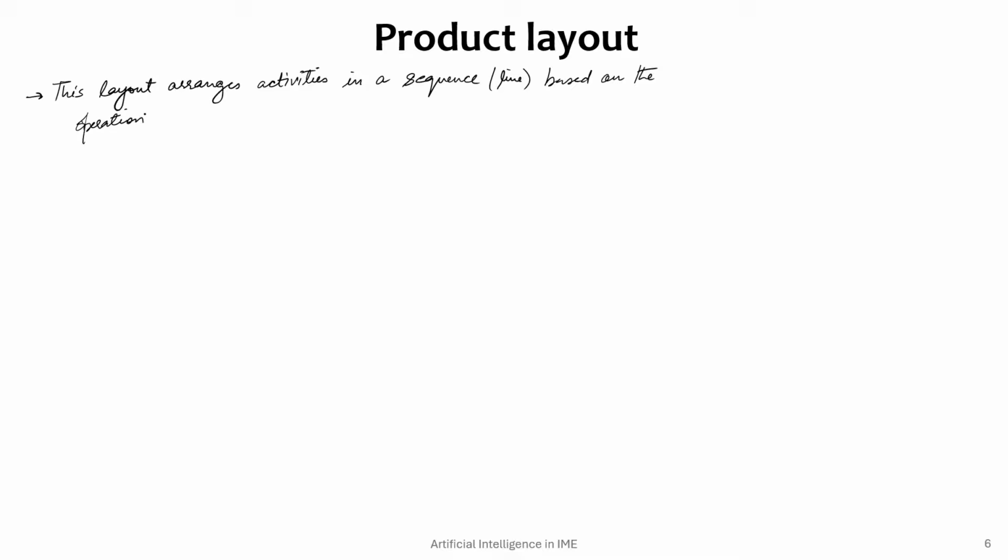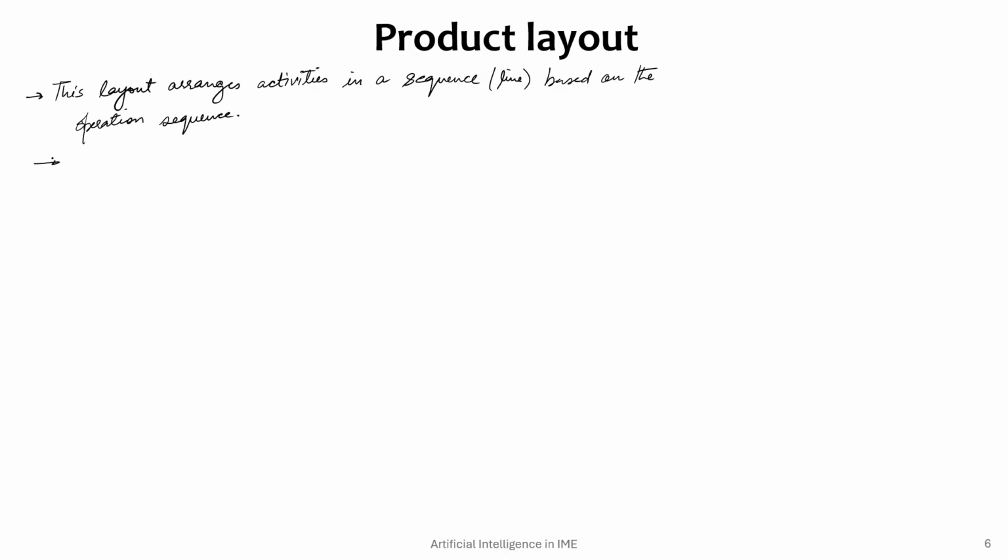Now the next is the product layout. So this layout arranges all the activities in a sequence or line based on the operation sequence. Okay.